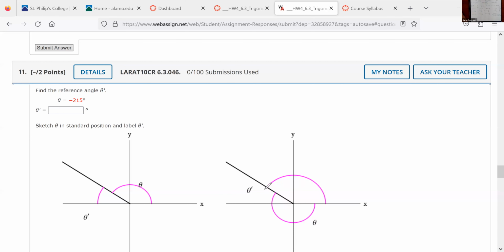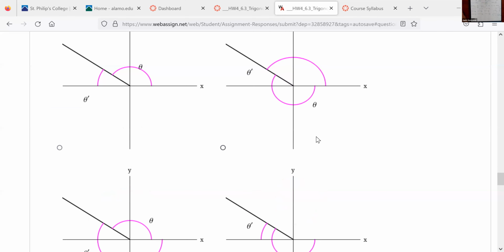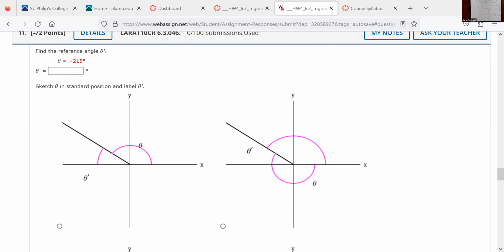If I'm over here, sorry, this is theta, then let me close this. Sketch theta. Oh, here's negative 215. I didn't see they gave us an angle. So negative 215 means we're going in the negative direction. So there's going to be most likely this guy.